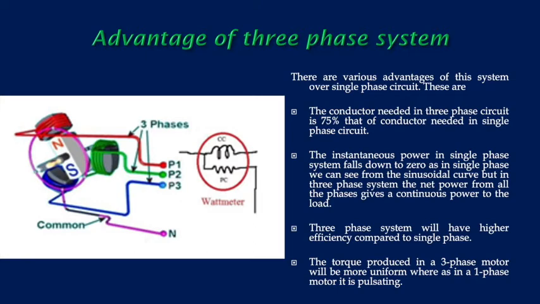If we arrange three single phase circuits with 120 degree phase difference, then it will become a three-phase circuit. So 120 degree phase difference is a must, otherwise the circuit will not work. The three-phase load will not be able to get active and it may also cause damage to the system.